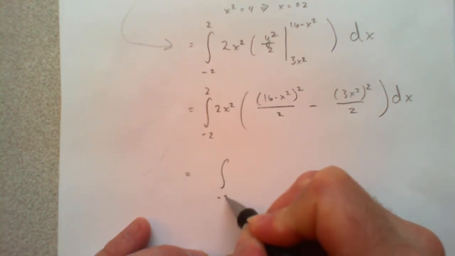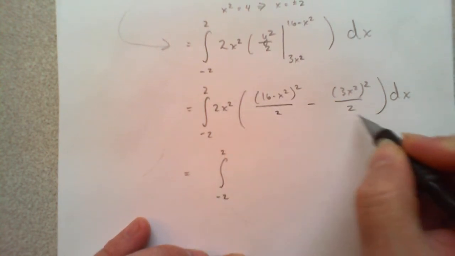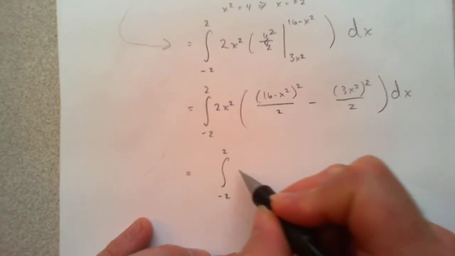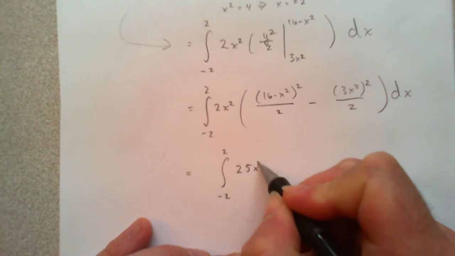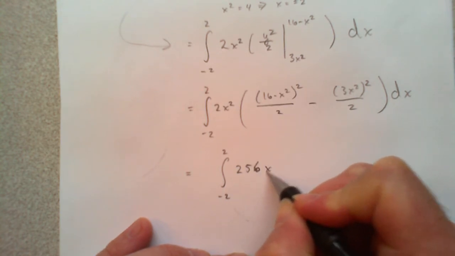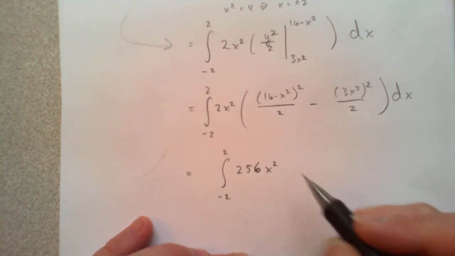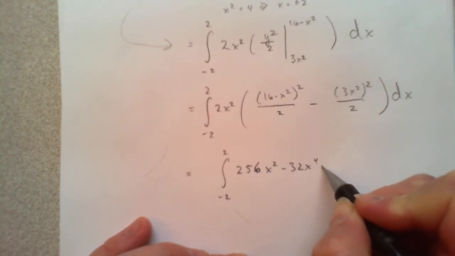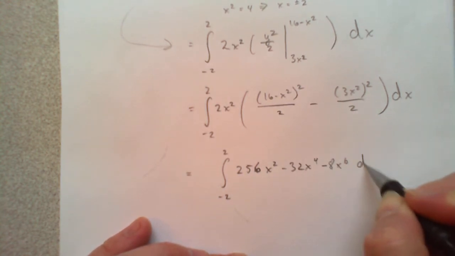After you do that, those 2's will cancel, and then if you FOIL that thing open and clean up all this stuff, you end up with 256x squared minus 32x to the 4th minus 8x to the 6th dx.